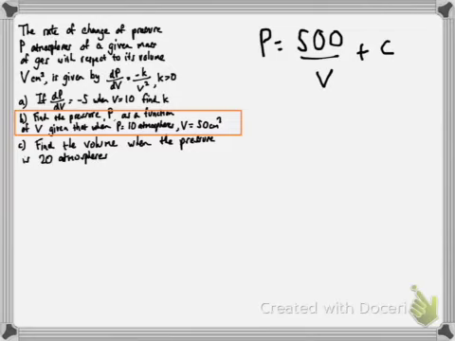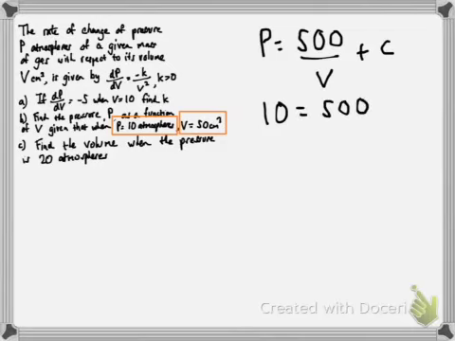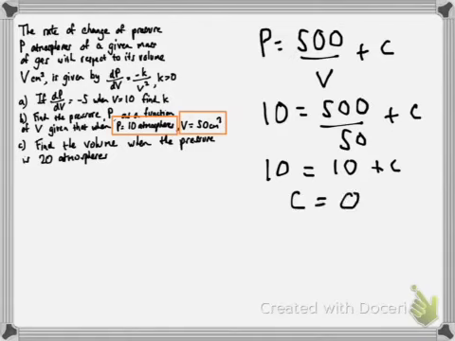So we can put those two bits of information into the equation to find our C. So 10 equals 500 over 50 plus C. That means 10 equals 10 plus C. C is actually going to equal 0. So our equation for pressure, answer to question B, is 500 over V. Simple as that.